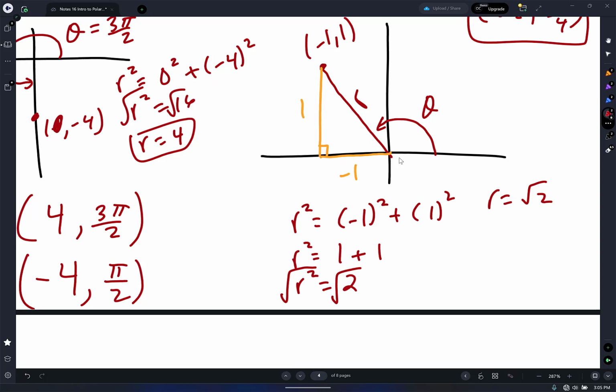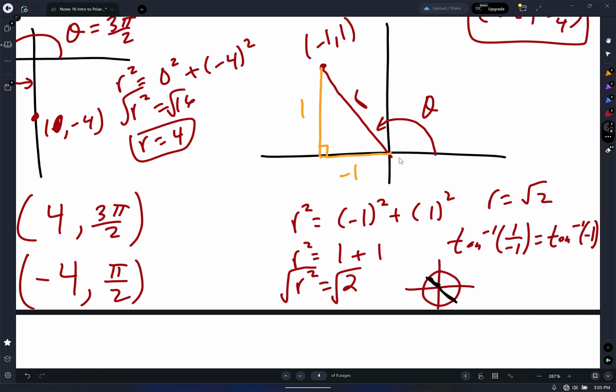All right, here we go. I'm going to go slow, really slow. You guys ready? All right, I'm going to go arctan, and I'm just going to use my notes. Y over x. Y is 1, x is negative 1. Arctan of negative 1. So tell me on the unit circle, where is tangent negative 1?